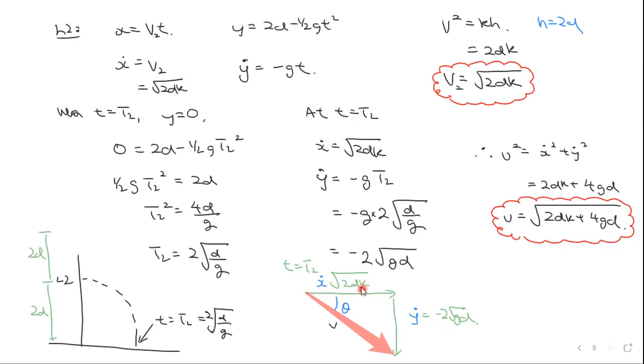So theta would be the inverse tan of 2 root gd all over root 2dk, and you can simplify that a little bit. Assuming you had actual values for g and k, you could work out the angle below the horizontal. And that's how you do that part of the question.